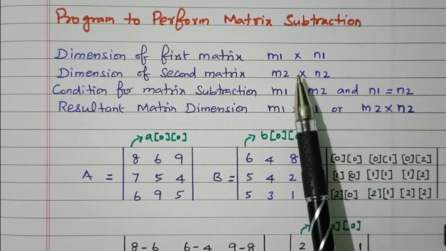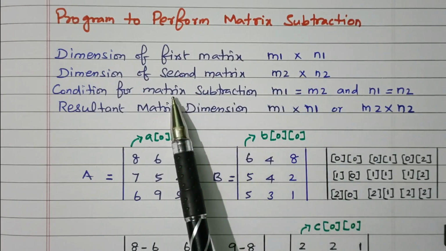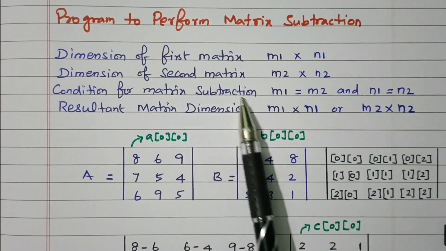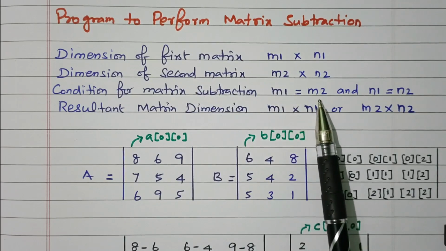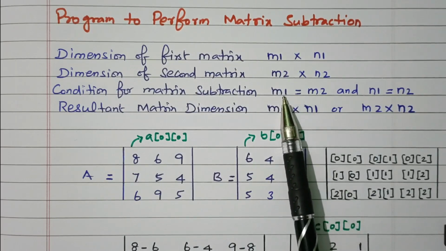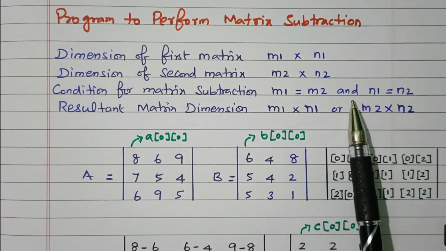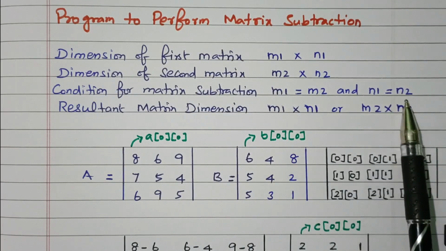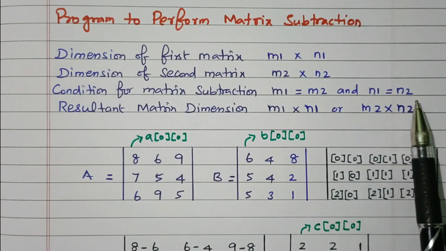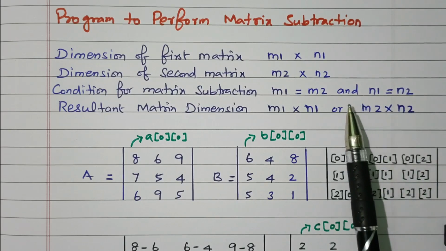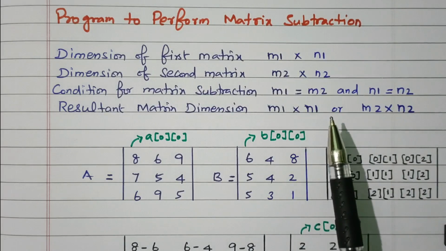Right. In order to perform the subtraction, we need a condition. What is the condition? The row size of the first matrix is equal to the second matrix, m1 is equal to m2. Similarly, n1 equal to n2. The number of columns in the first matrix should be equal to the second matrix. Then only we can perform the matrix subtraction.